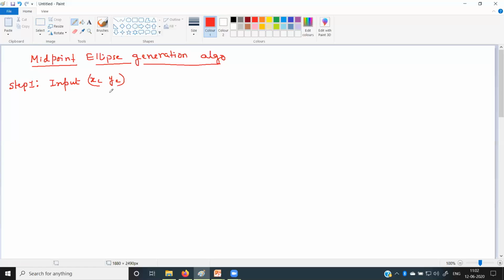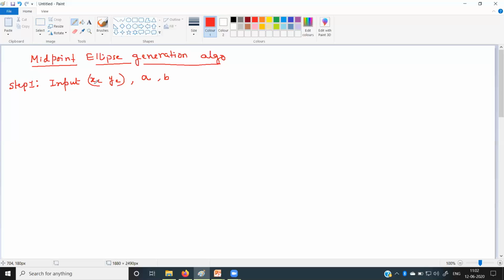Apart from that, we have to take the length of the major axis, which is A, and the length of the minor axis, which is B. And based on that, you have to compute the starting point. So this is the input step.